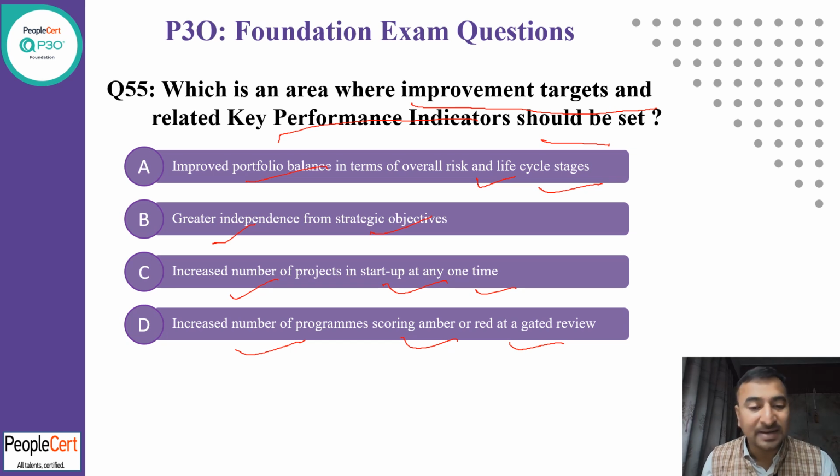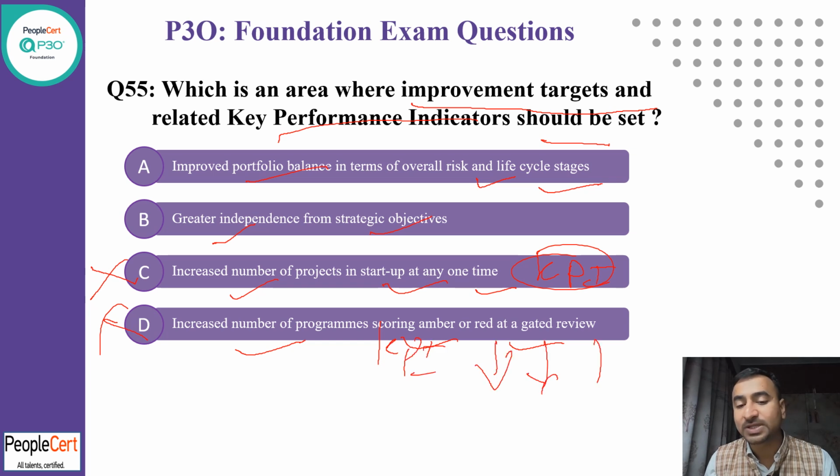So I straight away reject increase the number of projects in startup at any one time. It should not be the KPI, right? That does not achieve your organization's success, right? Increase the number of programs scoring amber and red, get a review, again not a KPI because it's a downfall. Your projects are in red and get a review, so that is not rational.